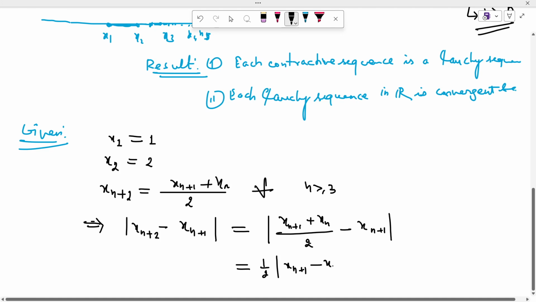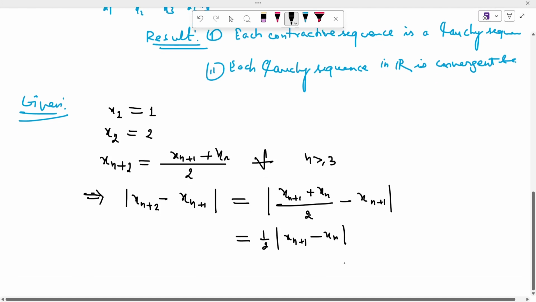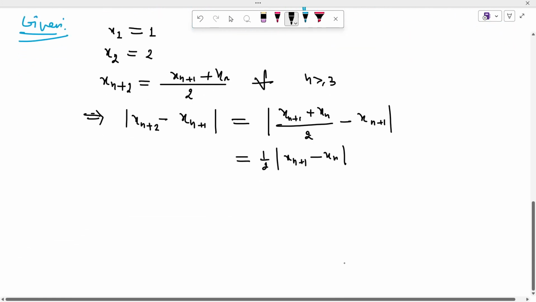I am skipping some steps because it is just calculation. So this implies that |x(n+2) minus x(n+1)| is less than or equal to 1 by 2 |x(n+1) minus x(n)|.